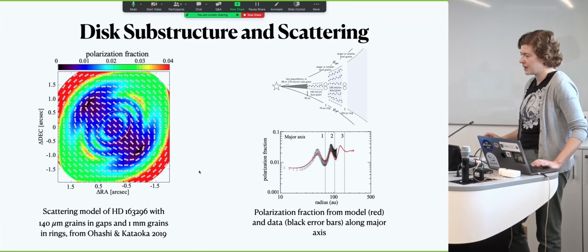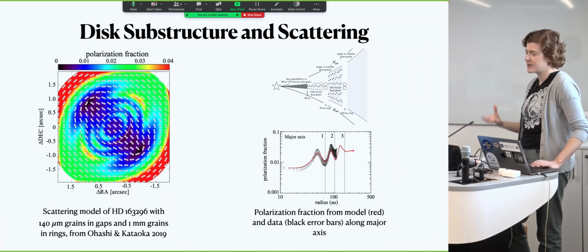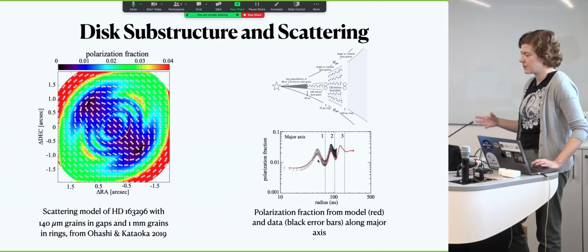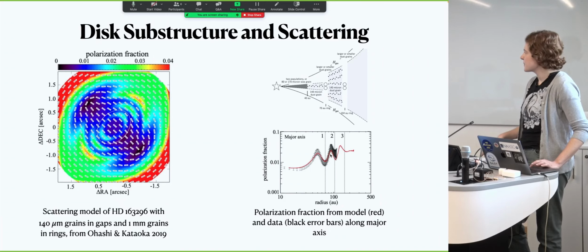So this is modeling the scattering polarization at 870 microns. Those 140 micron dust grains in the gaps are going to produce an observable degree of polarization at 870 microns, whereas the polarization fraction is going to be lower in the rings if you've got larger dust grains there.